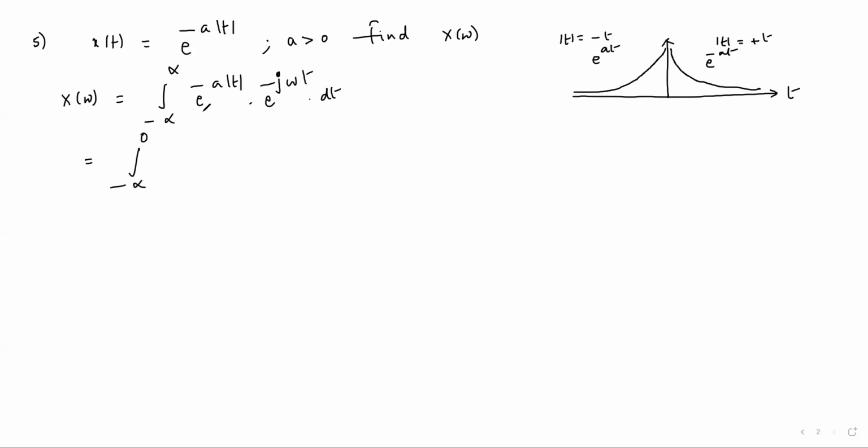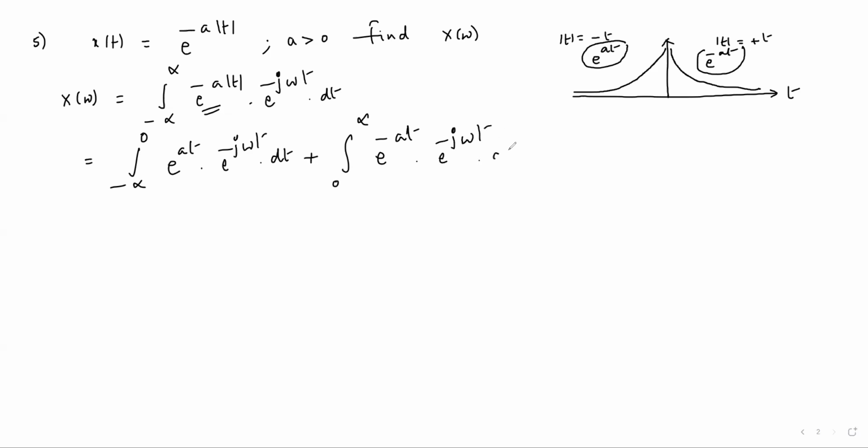During this, e to the power of minus a mod t is e to the power of plus at, so e to the power of at times e to the power of minus j omega t. Second term, 0 to infinity: it is e to the power of minus at, multiplied by e to the power of minus j omega t, dt.